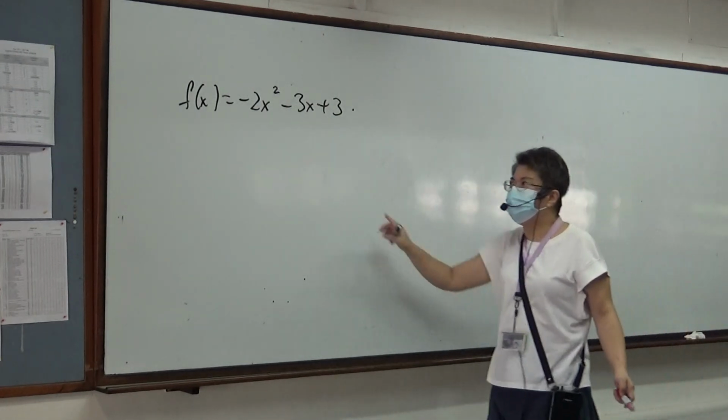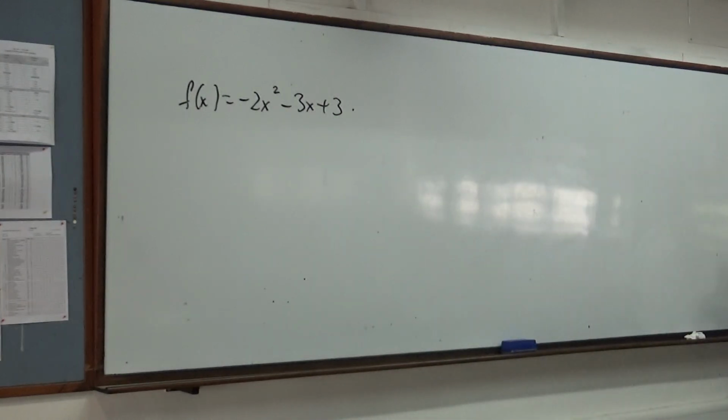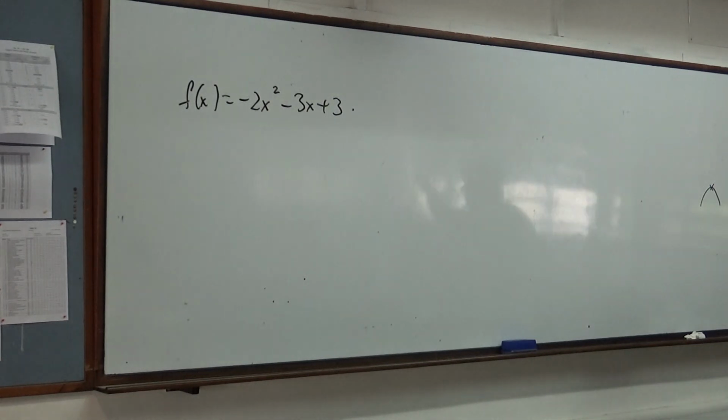When the coefficient of x squared is negative, what kind of graph will it be? U or n? Negative is what? N, right? That means there must be a maximum value. Correct? Just now that one was a minimum value, right? Because it's a function. Can everybody understand that?